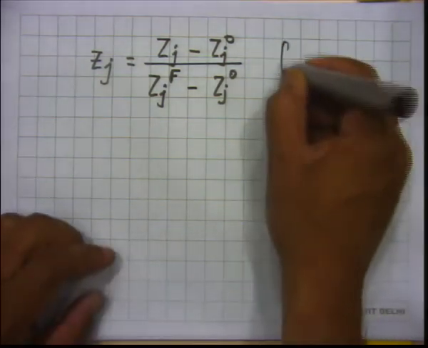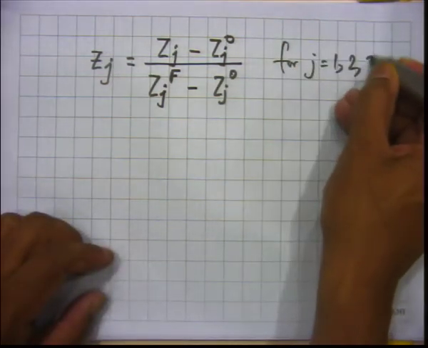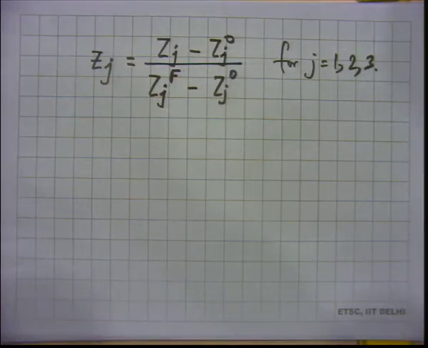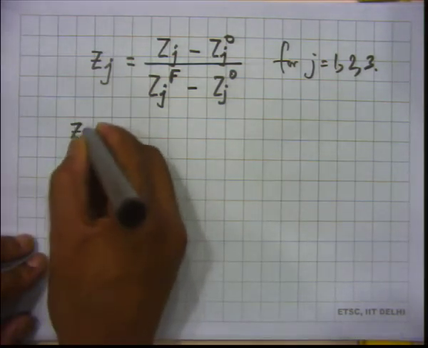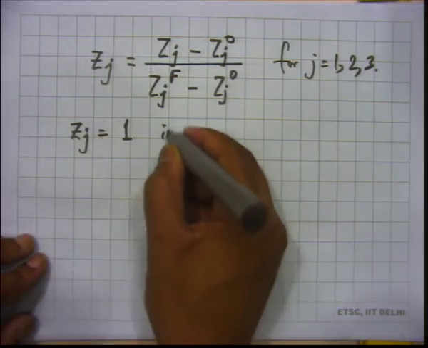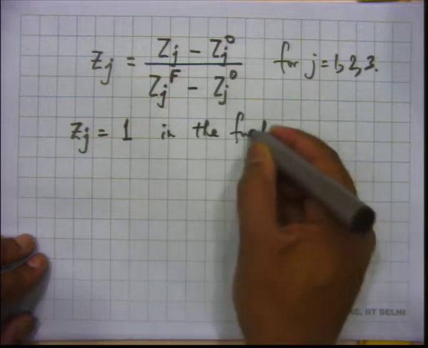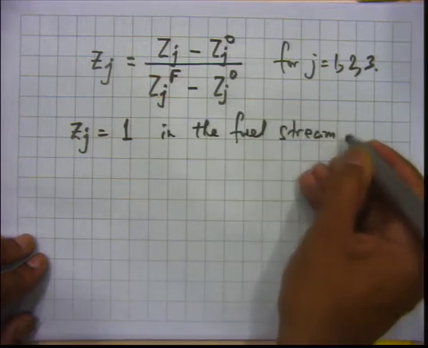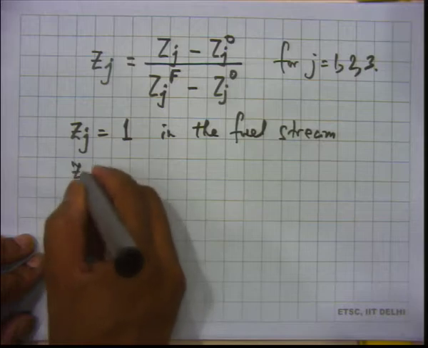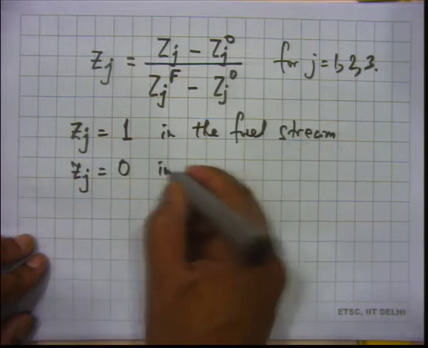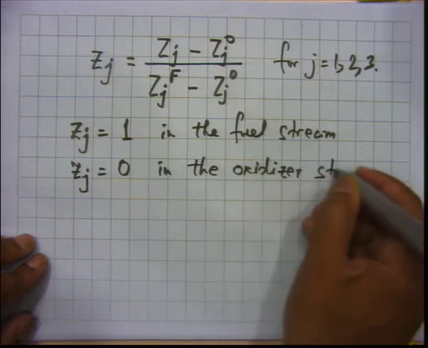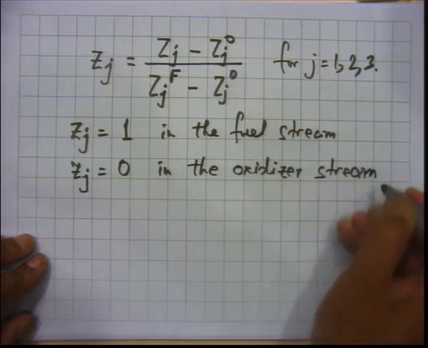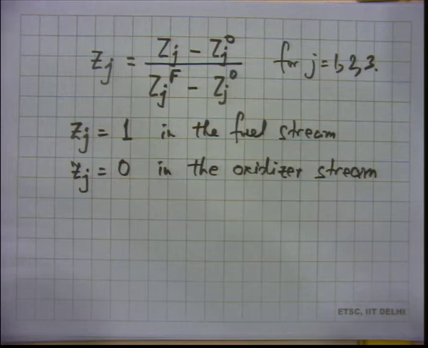So this is for j equal to 1, 2, 3 because we have z1, z2, z3. And what this ensures is that this is equal to 1 in the fuel stream and this is equal to 0 in the oxidizer stream, correct?